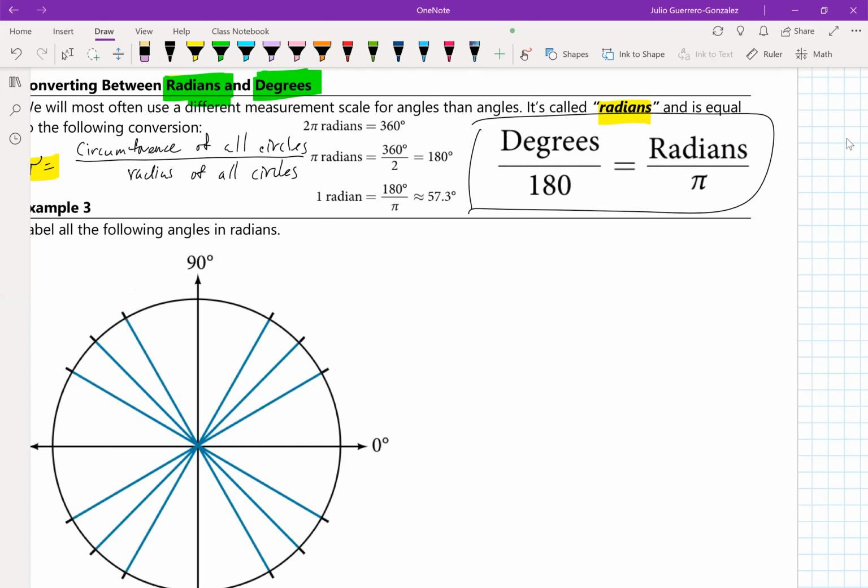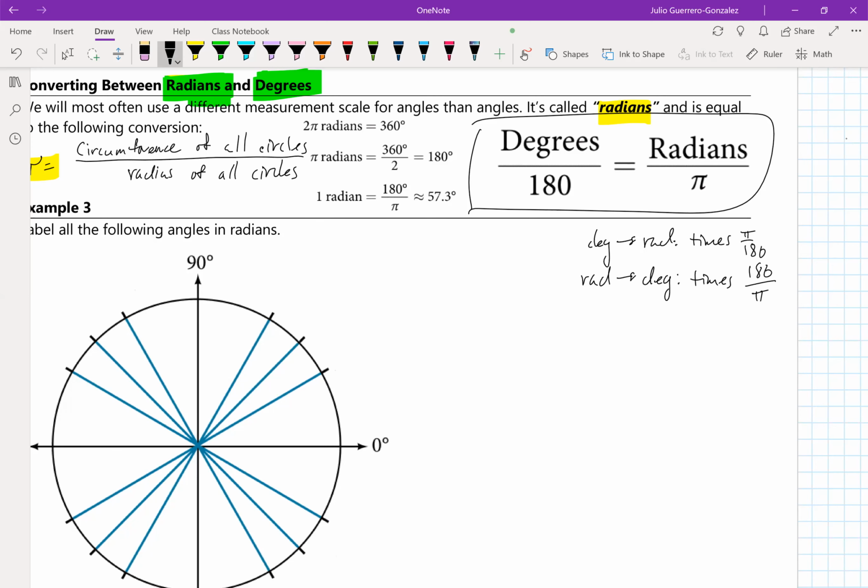Actually, let me rewrite that better. Degrees to radians, you multiply pi over 180, and then radians to degrees, you times 180 divided by pi. Depending on which one you want, you have to do one of these two operations, okay?